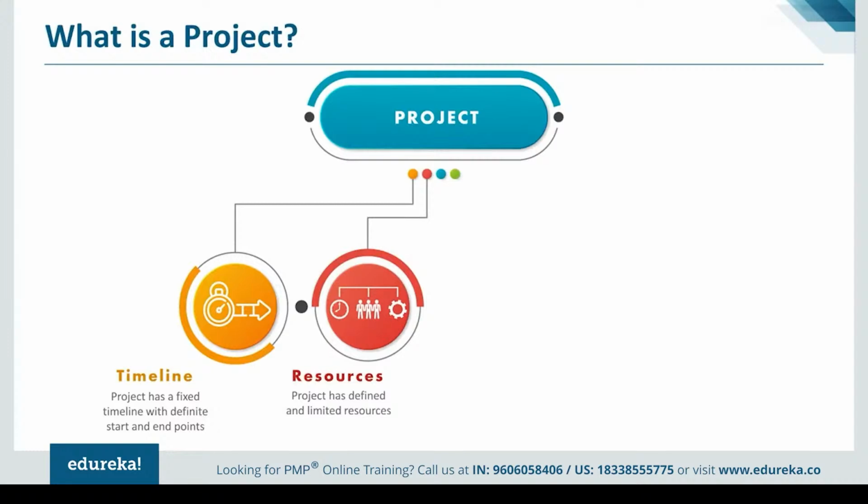Apart from that, a project will always consume certain resources. Now when we talk about resources on a project, the project will consume not just human resources, but also material resources, or for that matter, any other resources associated with the project.